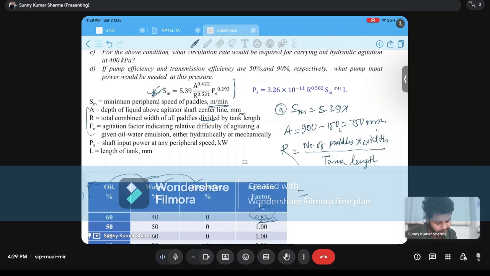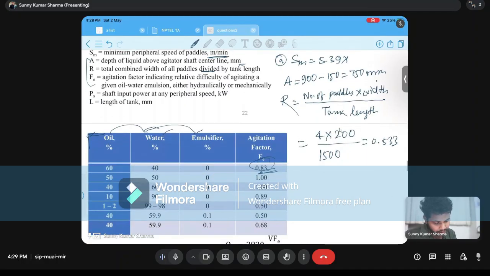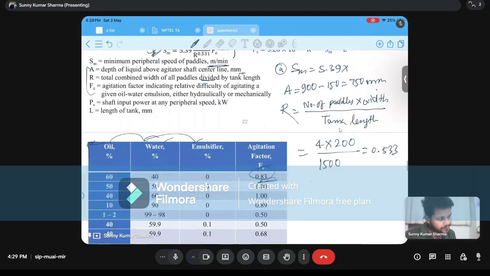So number of paddles is 4 and width of paddle is 200. In millimeter we are writing everything now, and tank length is 1500 mm. So R value will become 0.533.